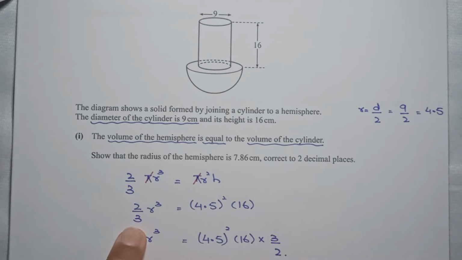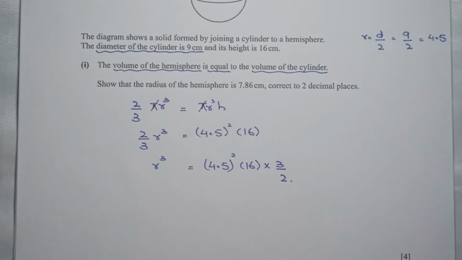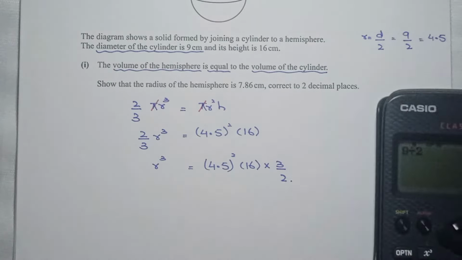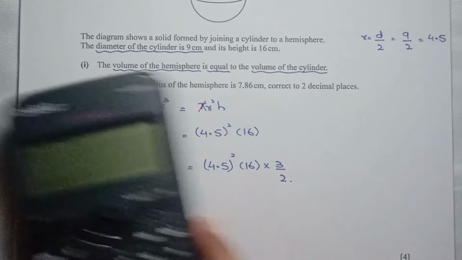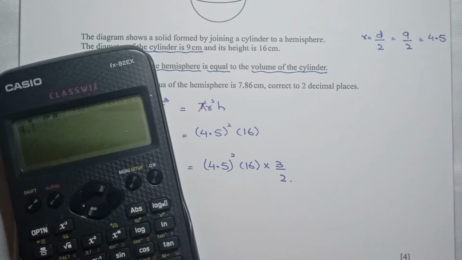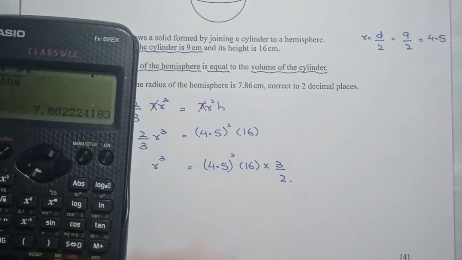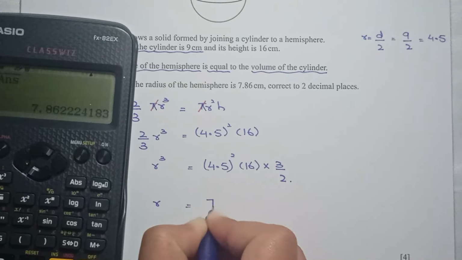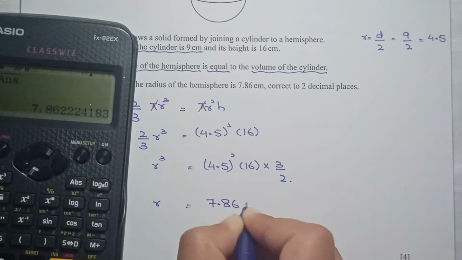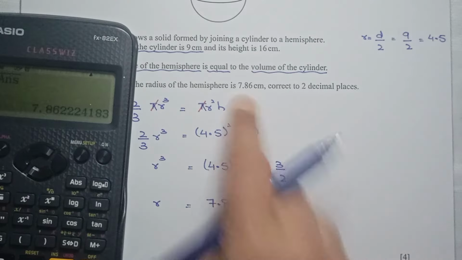We take the reciprocal of this fraction, and for r we need to take the cube root. So let me find 4.5 squared times 16 times 3 divided by 2, and take its cube root, and we will get 7.86. So the radius is 7.86 centimeters, correct to 2 decimal places, right?